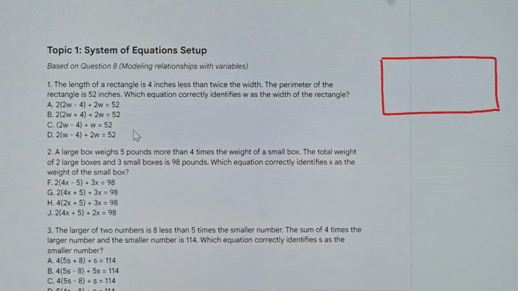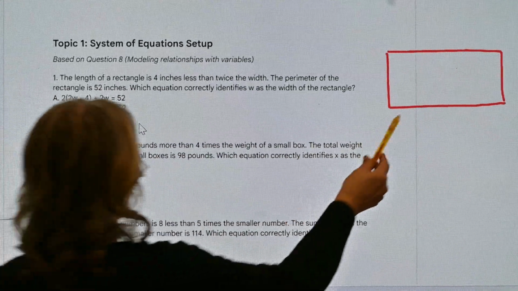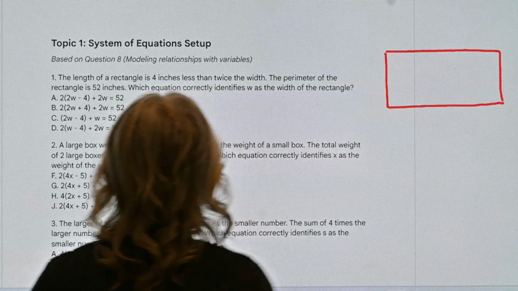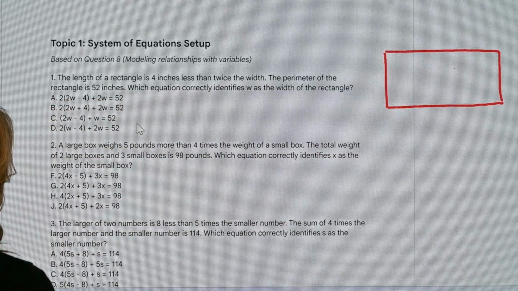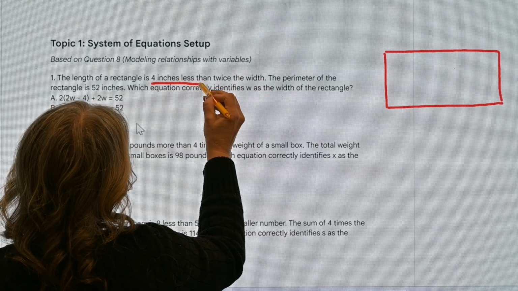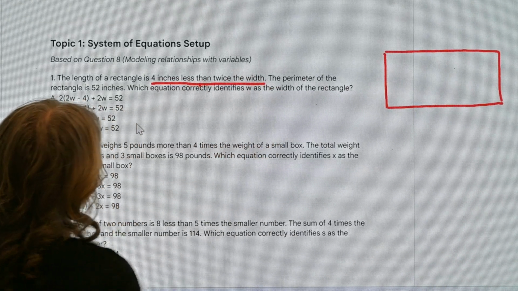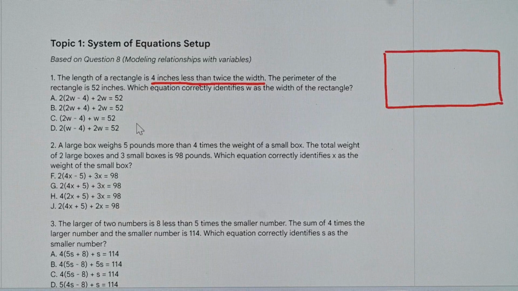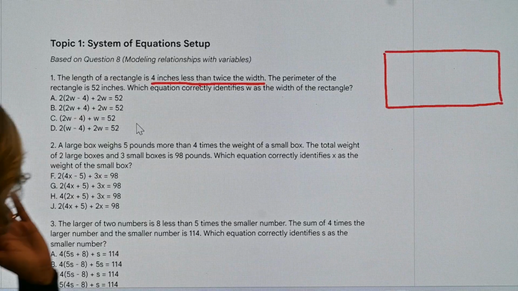We'll call this side the length. So it says the length of a rectangle is 4 inches less than twice the width.